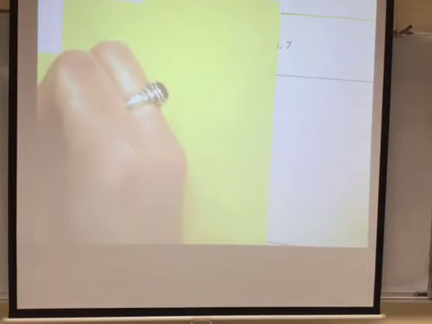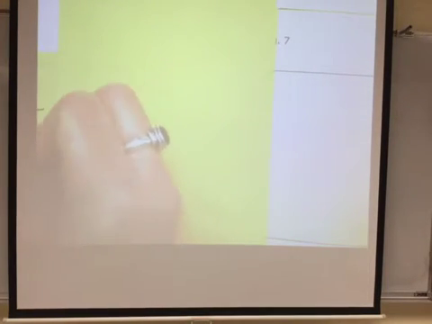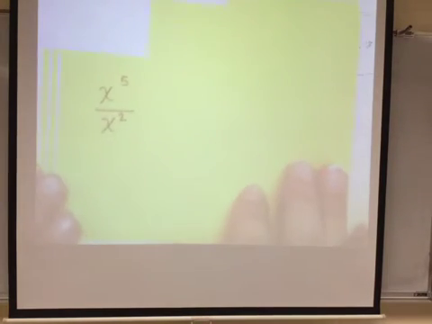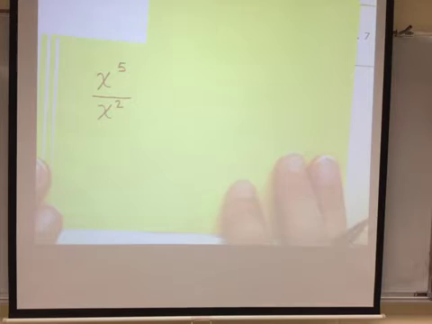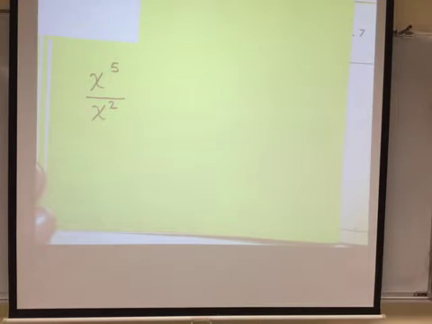So on the left side on that orange sheet, let's write x to the 5th over x squared. We're on page 7, pre-example, so I'm on the left side.